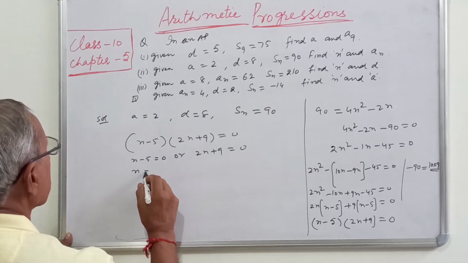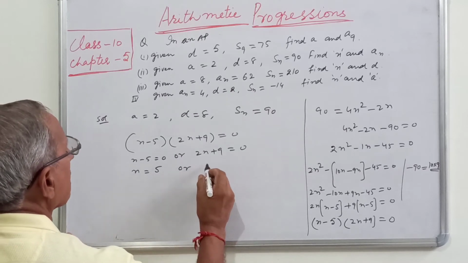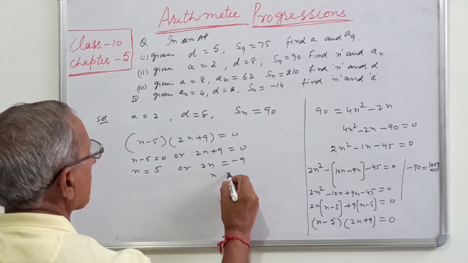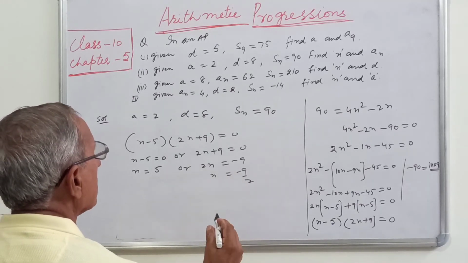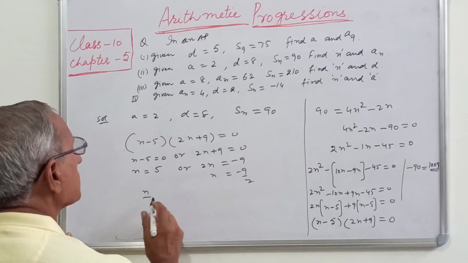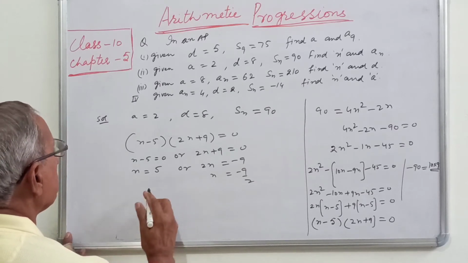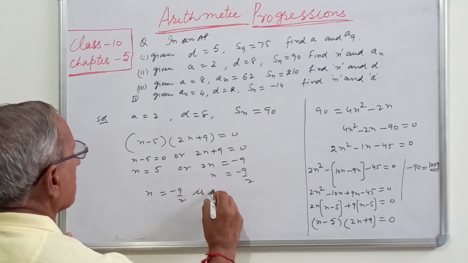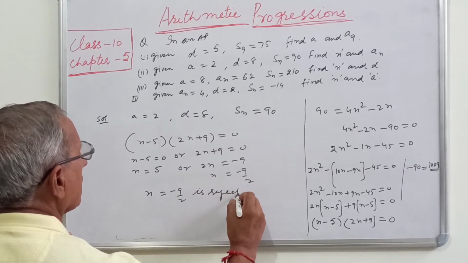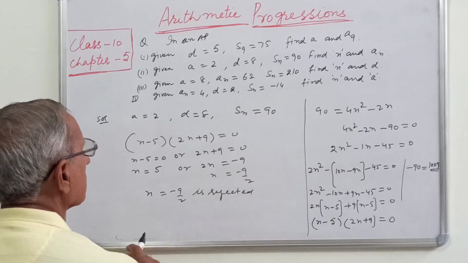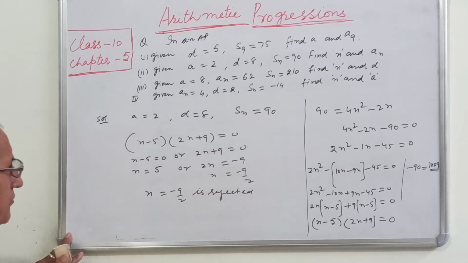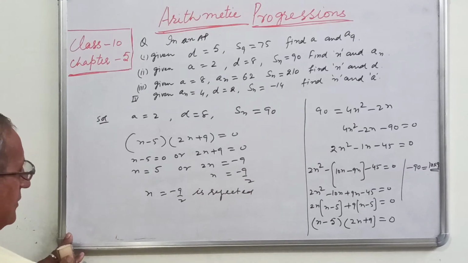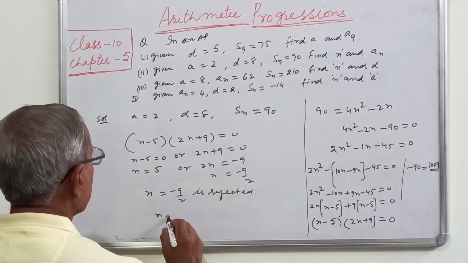So here value of n is 5 or 2n is equal to minus 9. So n will be minus 9 by 2. So n is equal to minus 9 by 2 is rejected, because n cannot be negative. So the number of terms cannot be negative. So therefore n is equal to 5.